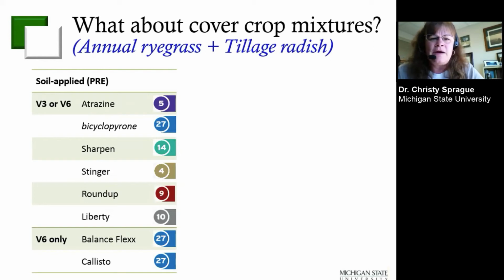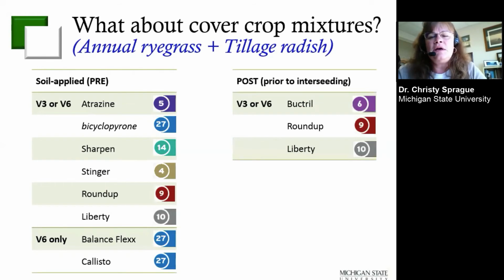Some of these do have some residual control, but things like Roundup and Liberty would not. And again, those would control the grasses that are up at that time. When we look at our post options, we have things like Buctril and again, Roundup or Liberty. So again, making these applications prior to the interseeding of either one of those two cover crops.